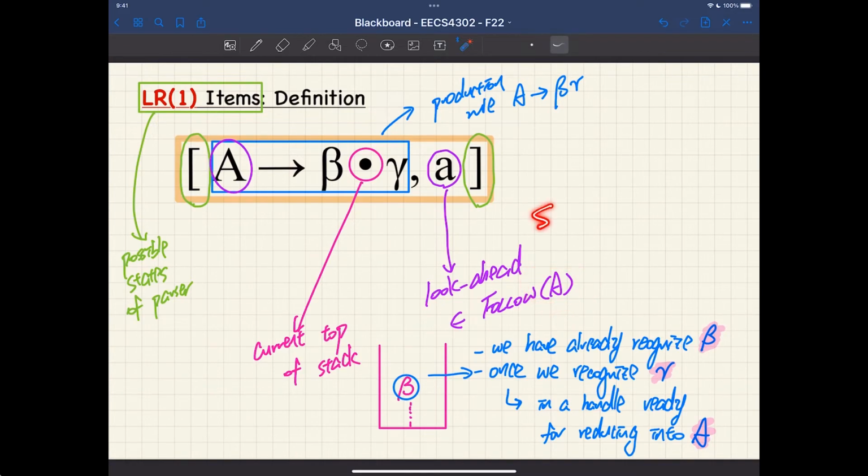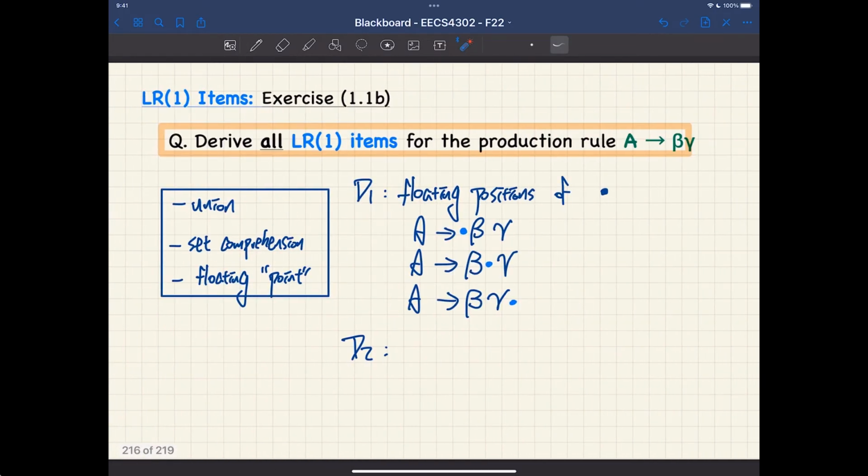Let's say we got some symbol X, some symbol Y, some symbol Z over here. In that case, A here can either be X, can be Y, can be Z, right? So that's the second dimension. You want to do combinatorial, you want to do some combination. This will be the follow set of A.